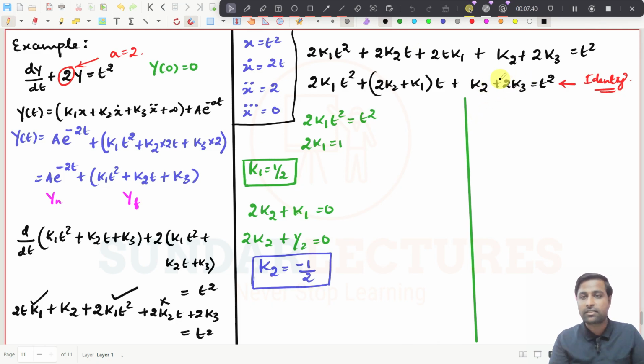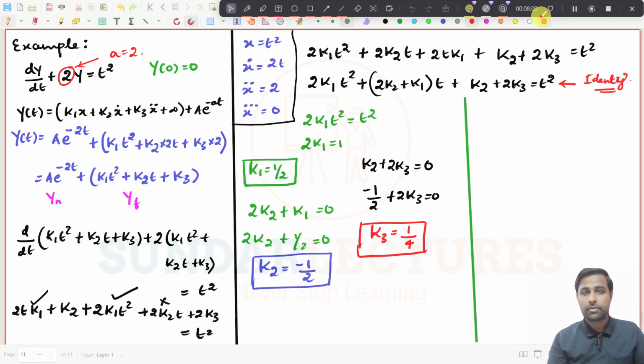And you just see the constant term, there is no constant term on the right hand side, so k2 plus 2k3 equals 0. You substitute k2 in this expression, it will be minus 1 by 2 plus 2 into k3 equal to 0, and if I simplify this, I am getting k3 equal to 1 by 4.